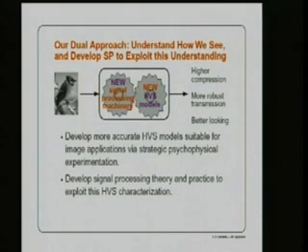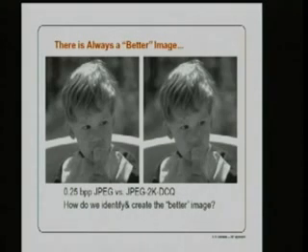Okay. And then once we understand how we see as it pertains to what we want to do, which is represent information, what new or better or improved signal processing machinery is really going to exploit that understanding. Okay, so hopefully that's what I'm going to talk about a little bit today.